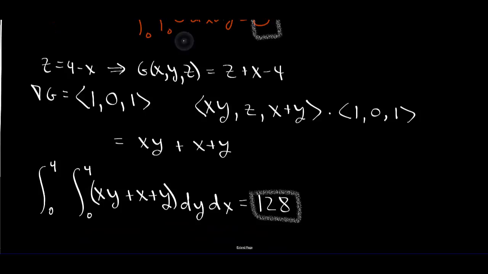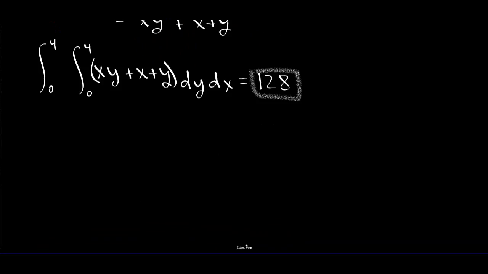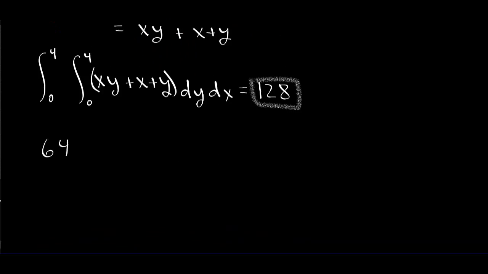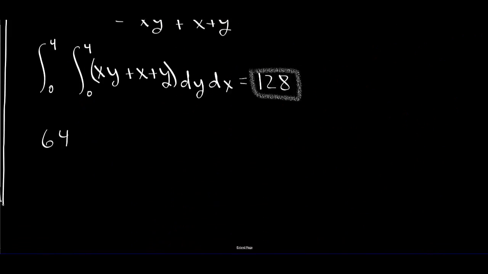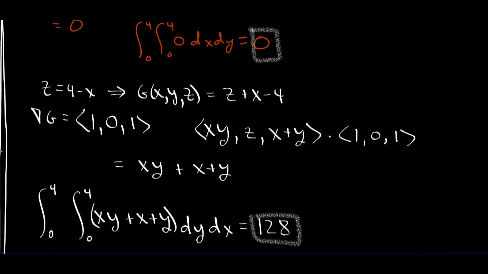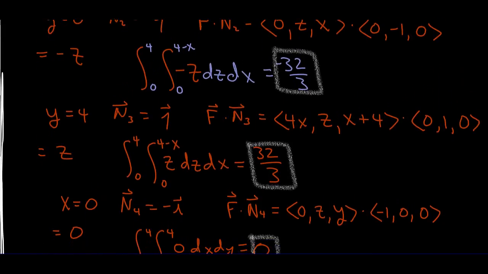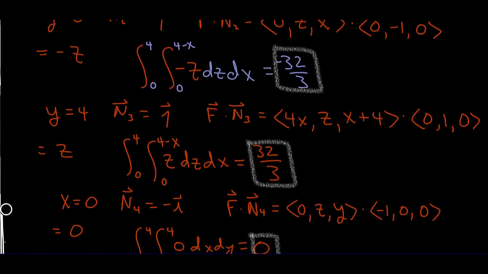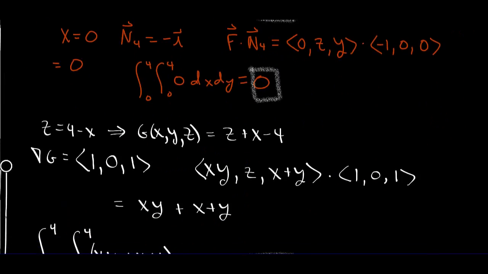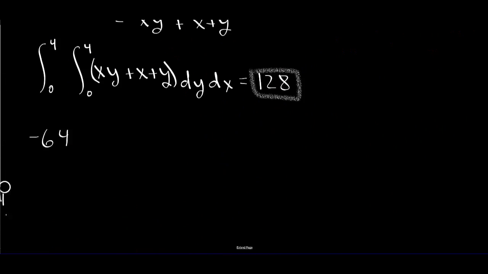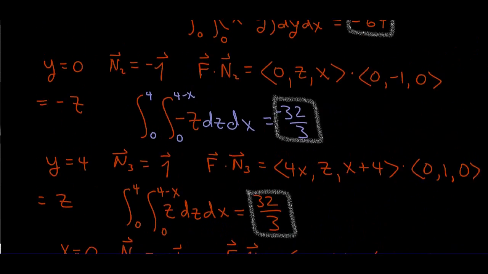Now, let's see if we can remember what all those are. Okay. So we've addressed every surface, so we have to combine these. We have, was it negative 64? I think it was negative 64. And then, let's see here. Okay.